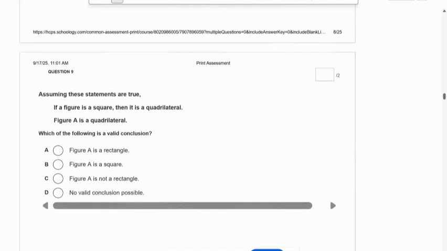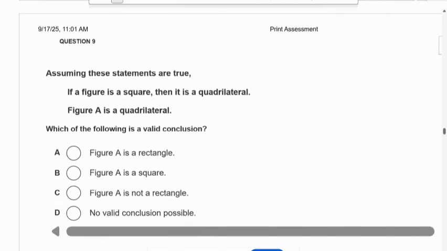All right, next. Assume these statements are true. If a figure is a square, then it is a quadrilateral. The P, the hypothesis would be, is a square. And the conclusion would be Q, it is a quadrilateral. Okay, the next statement says figure A is a quadrilateral.